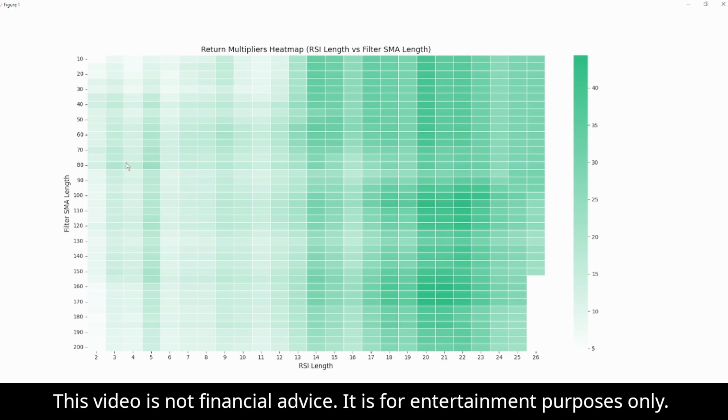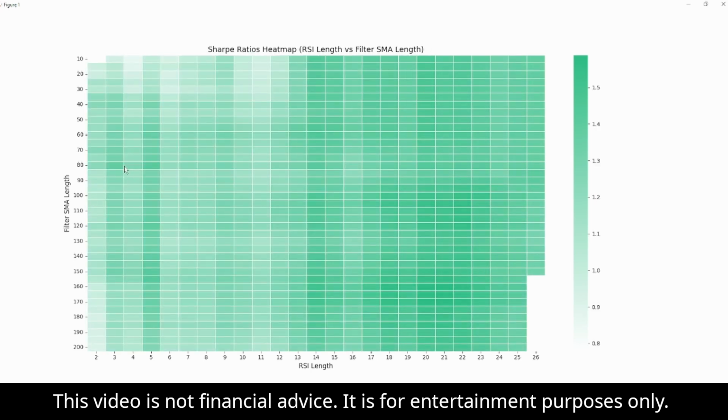Obviously the green area here is not well defined, but at the same time the number of trades is more than 100. If we take a look again at the sensitivity heat map for the Sharpe ratios in the daily time frame, we can see that we indeed have a greener area for a length of 4 or 5 for the RSI and around 80 or so for the simple moving average.